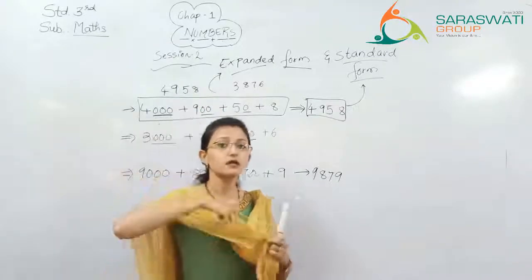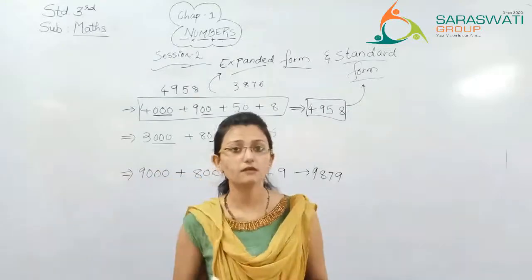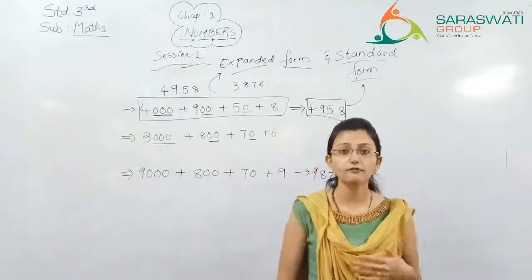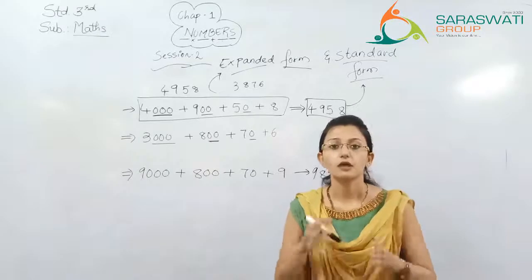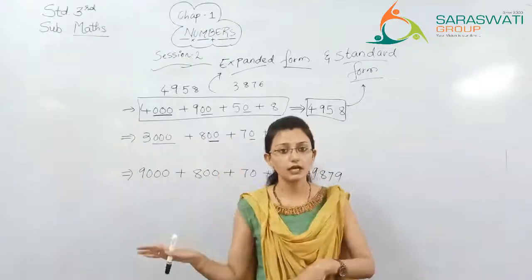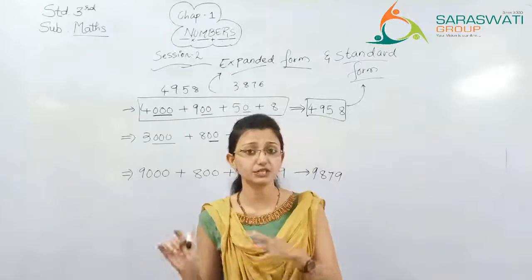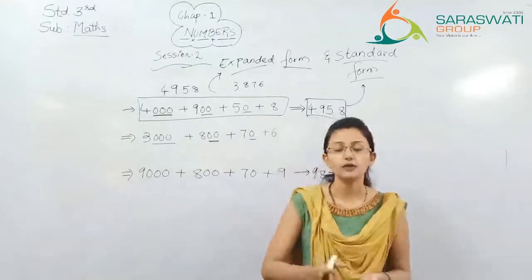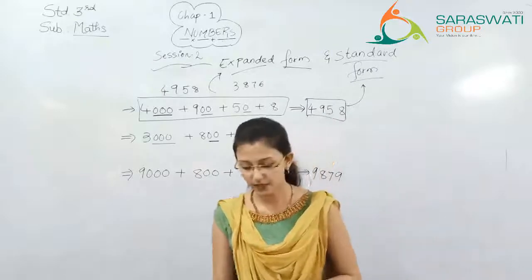So in exams and in your worksheet, you will be given some questions of expanded form as well as standard form. If it is given in expanded form, then you have to convert it into standard form. And if it is given in the standard form, then you have to write it in the expanded form.